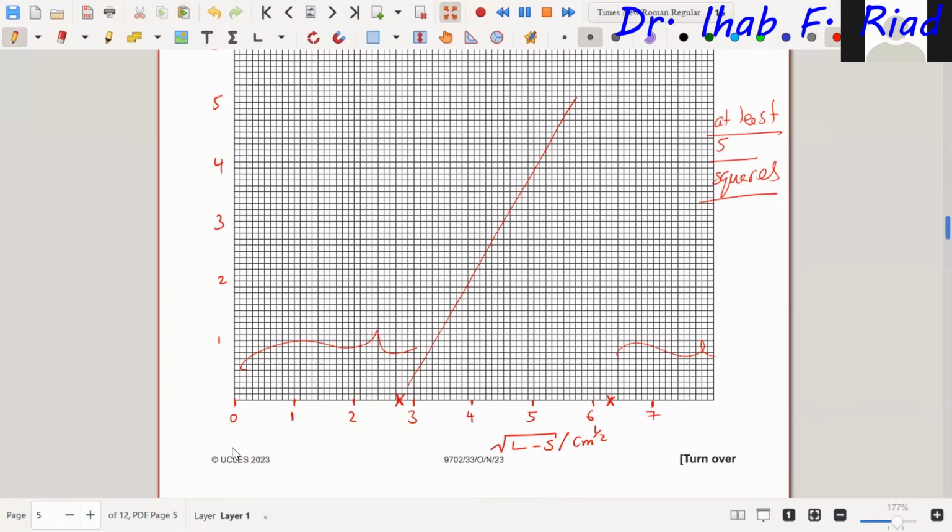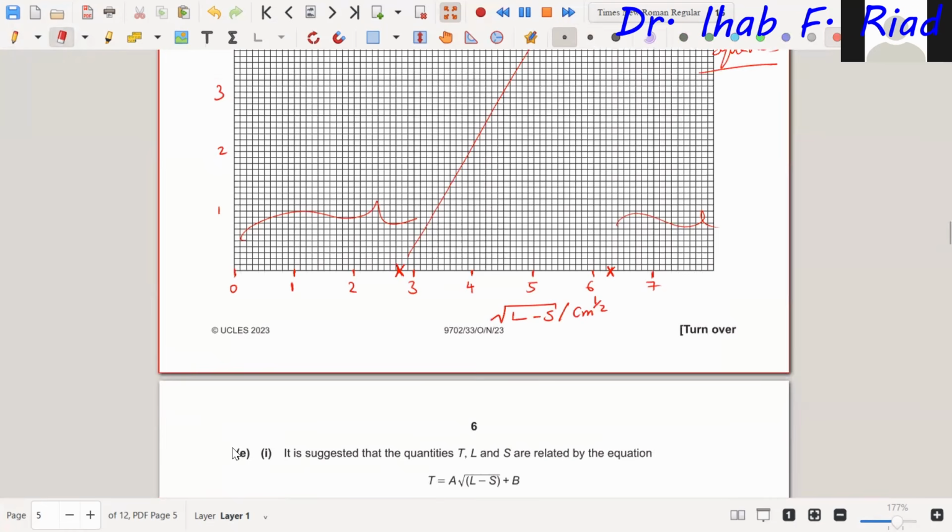So, I'm going to start from a scale of 0.5, and I don't have to start from 0. I'm going to start from something a little bit less than 2.82. The best to go is to start from 2.5.